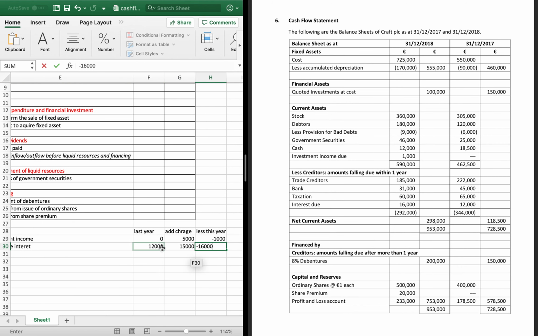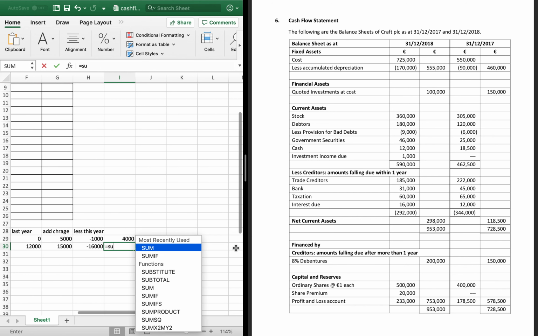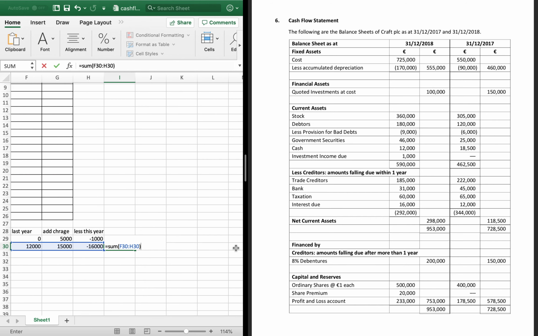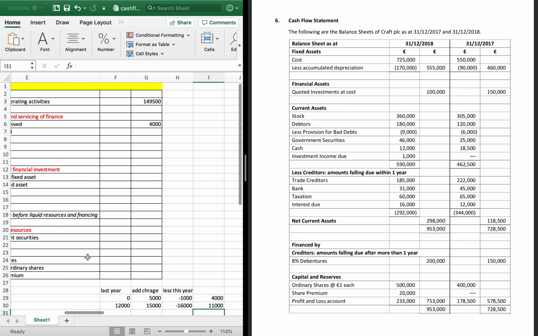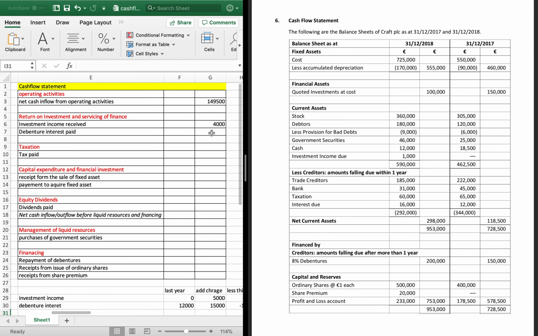So that means if we owed last year 12,000 and a further 15,000, we owe 27,000. If we only owe 16,000 now, if you take that 16,000 away, that'll give you the amount that you've paid. So that's 11,000. So the debenture interest is minus 11,000 there.